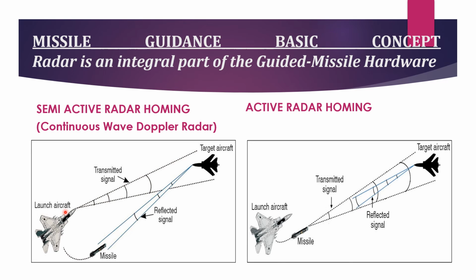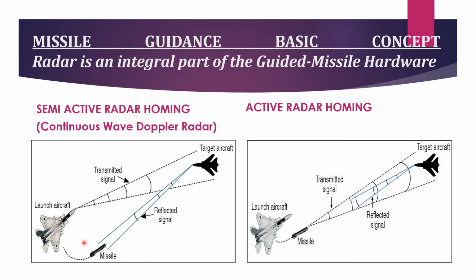And this will be able to track the target. Okay, so this is how the fire control radar is able to get track information, and this track information is being shared with the missile onboard receiver.